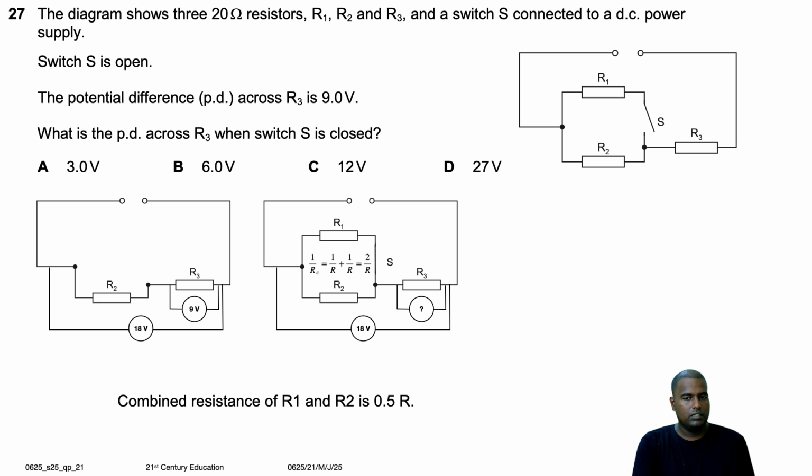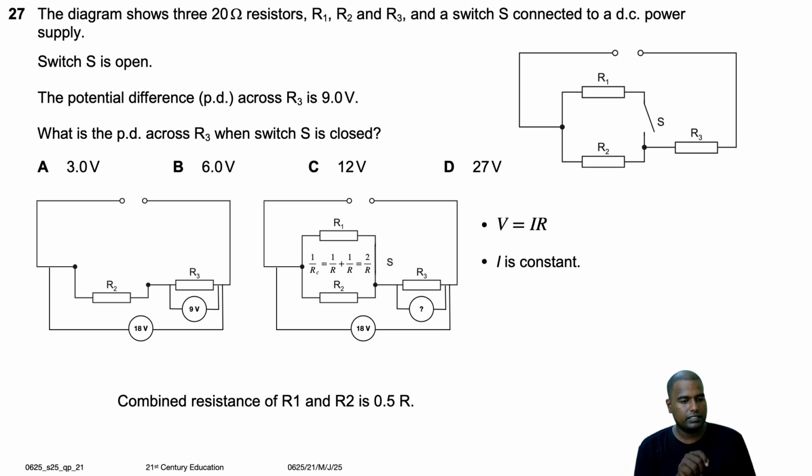So we know that V is IR. In the second case, the current through R1 and R2 combined will be equal to the current in R3. So I is constant. The total resistance of the circuit is R1 and R2 in series with R3.